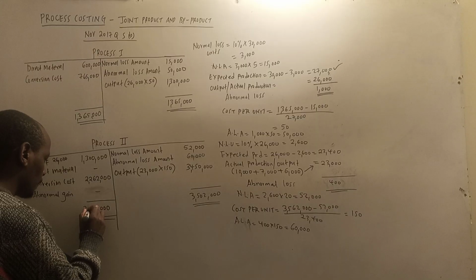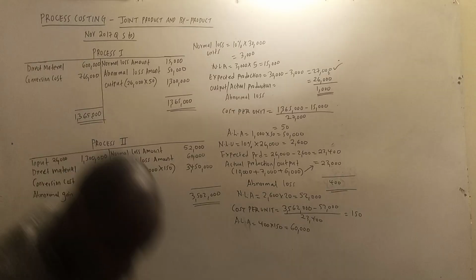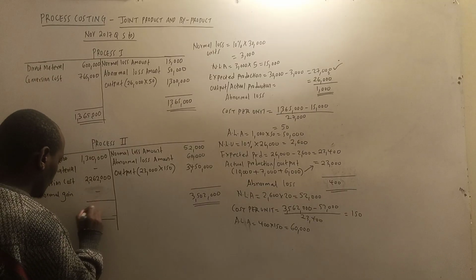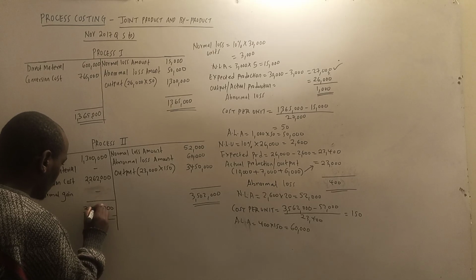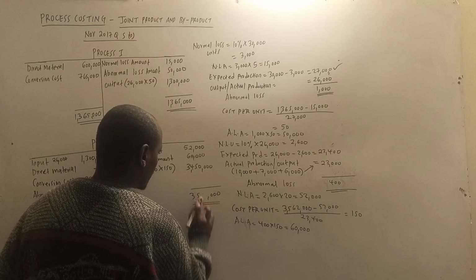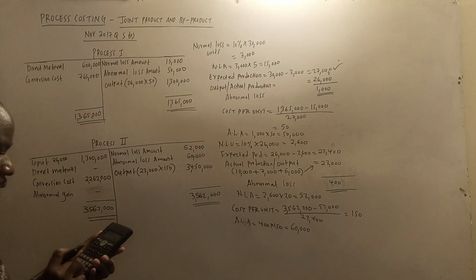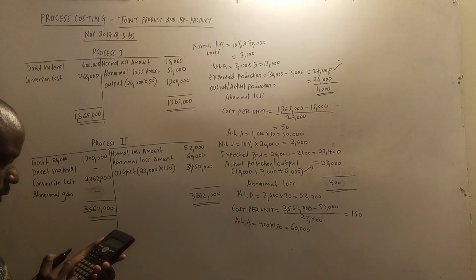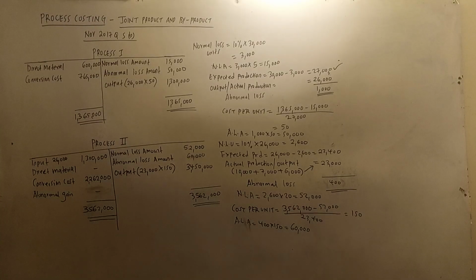It's supposed to be 35,62. So let us confirm 52,000 plus 60,000 plus 34,50,000. 35,62,000. That is correct.